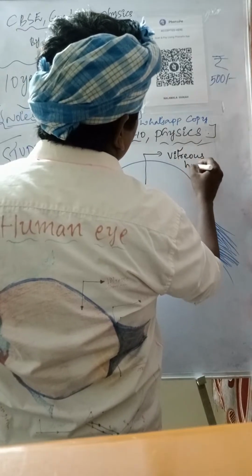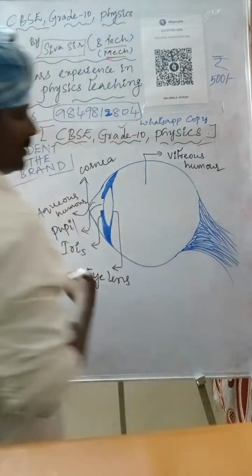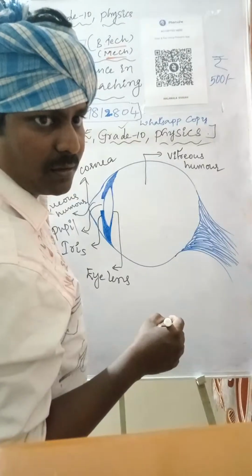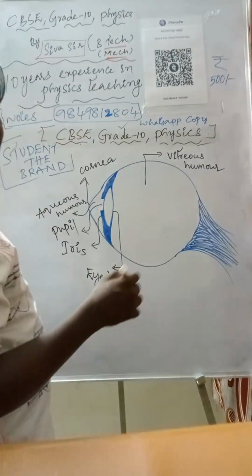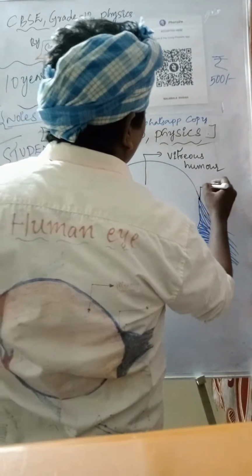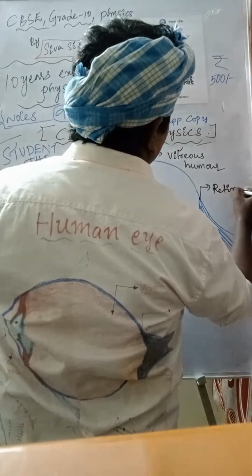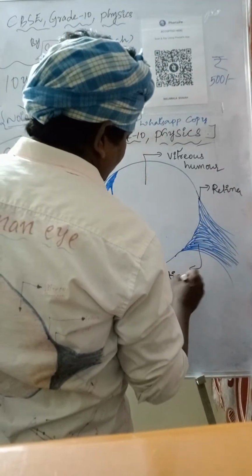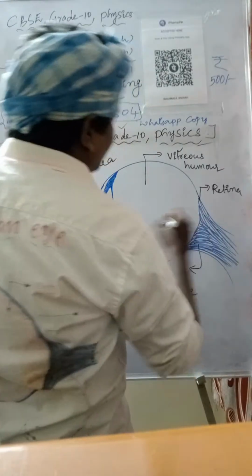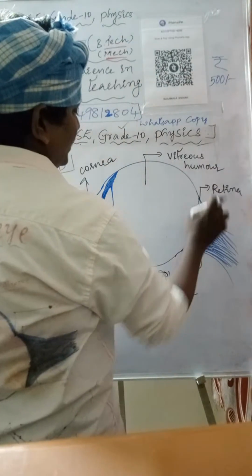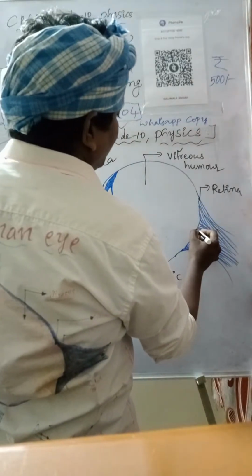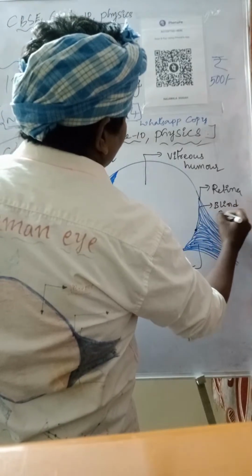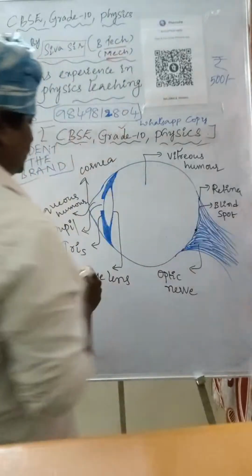Here the retina will be there, and here the optic nerve. So vitreous humor, retina, optic nerve, and here is the blind spot. There is a point, the blind spot.